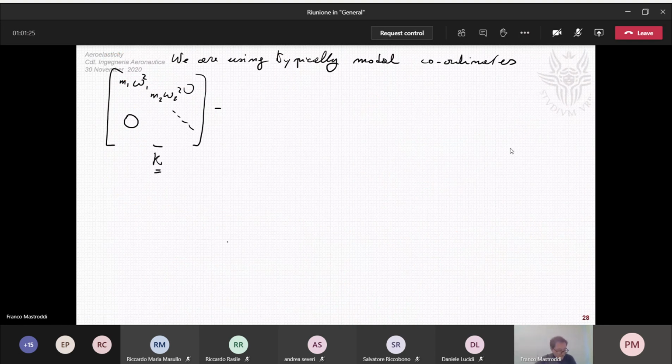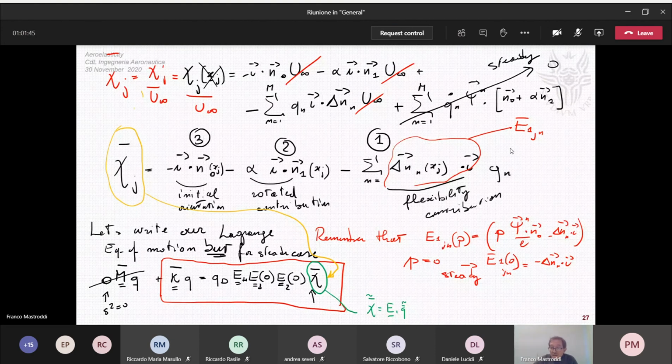You have the dynamic pressure by E4, E3 at zero frequency, then E2 at zero frequency again, and finally E1 here at zero frequency as well.